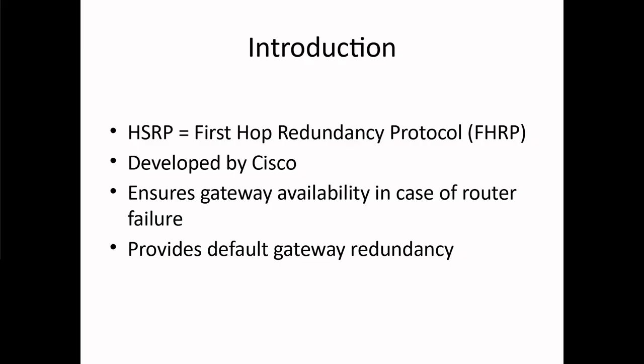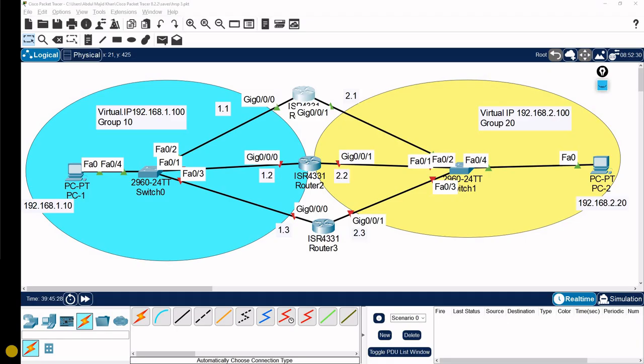It's Cisco proprietary, ensures gateway availability in case of router failure, and provides default gateway redundancy. We want our PC or LAN to communicate with this PC or this LAN without any interruption, even if any link or router is down.